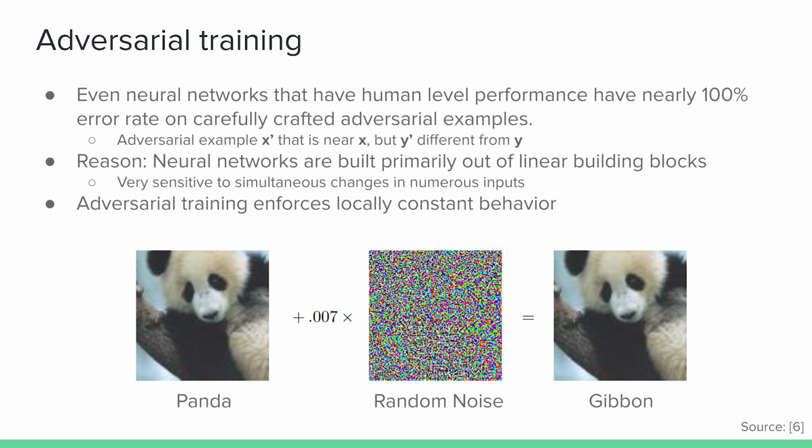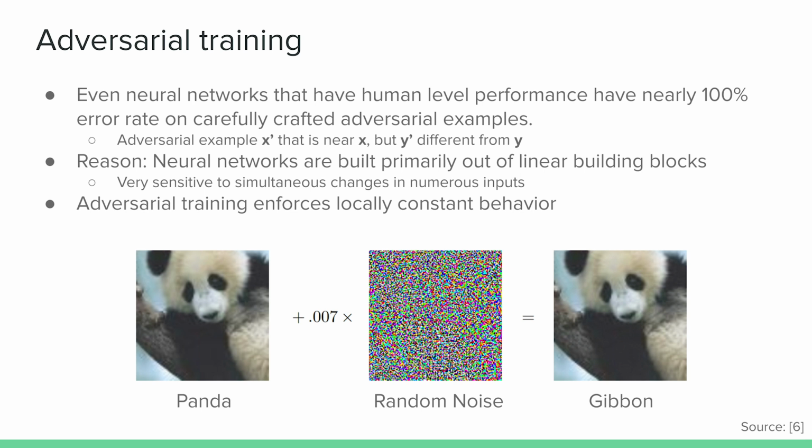And those linear building blocks are very sensitive to simultaneous changes in numerous inputs. Changing just one neuron usually doesn't have such a big impact, but if you change all neurons even just a tiny little bit, these linear building blocks are very sensitive and can have severe effects on the output.